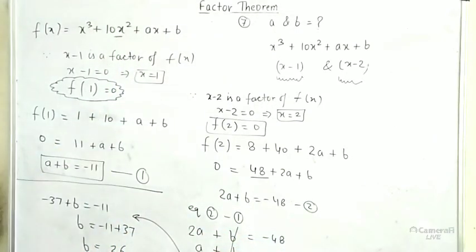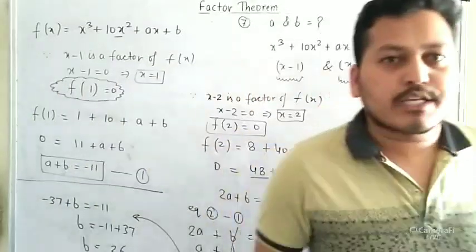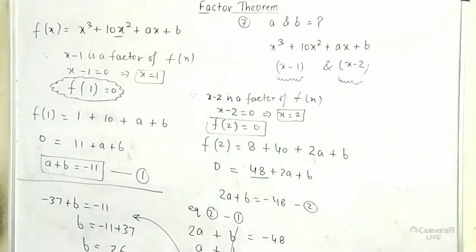So these are the two values for the given question: a is equal to minus 37 and b is equal to 26. This is the solution of the given expression. I hope you understand this question, so I request you to please try questions based on this same concept. Okay sir.